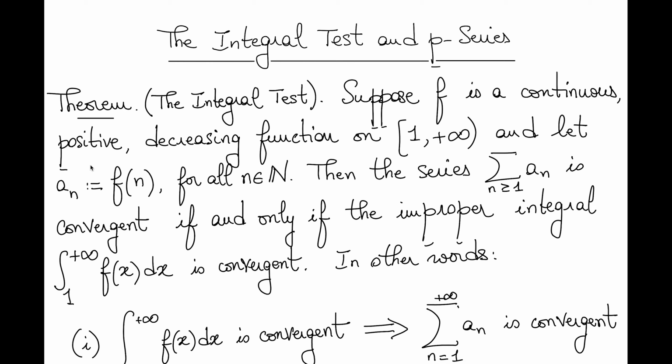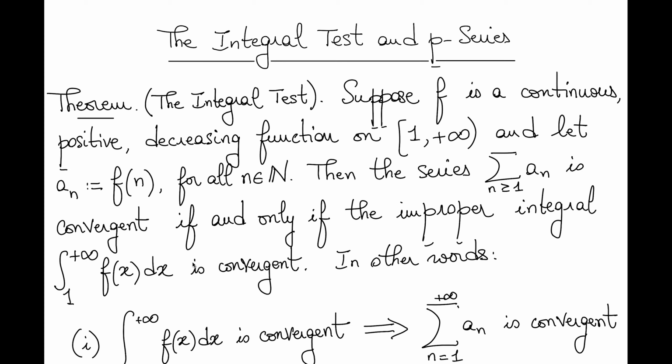Remember, when the function is positive, this expression may be thought of as the infinite region bounded by x equals 1, the function f and the x-axis. It's infinite in extent, right? The area may be finite, and hence the improper integral is convergent by definition.